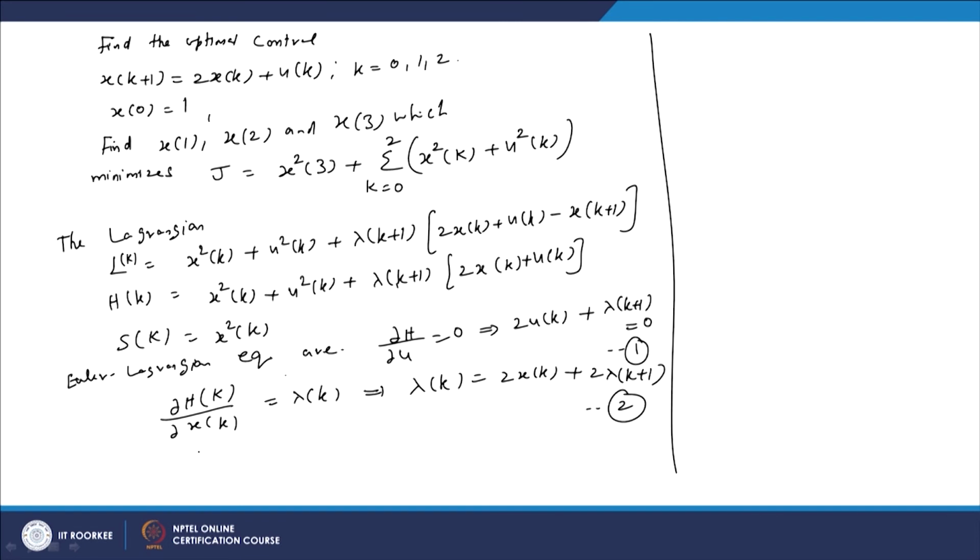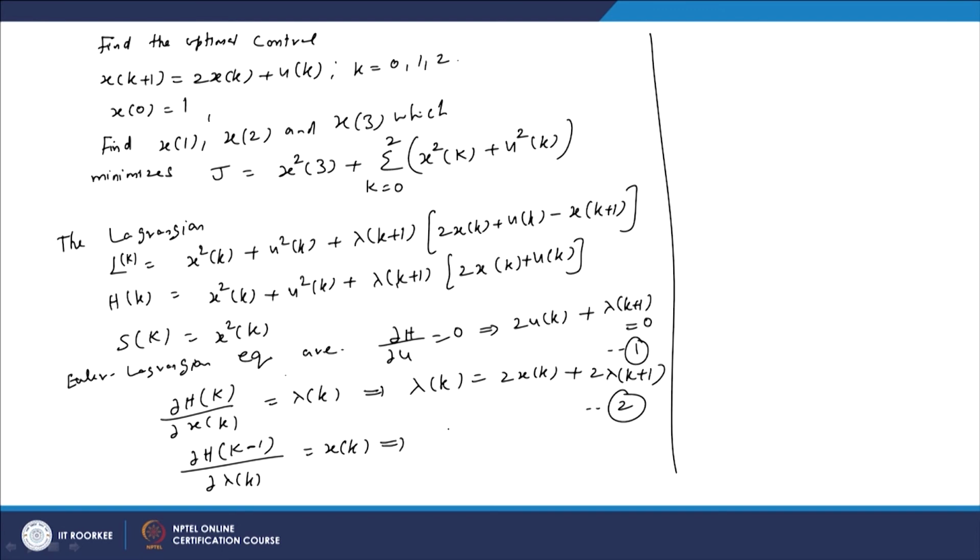We have del h of k minus 1 by del lambda k, that is equal to x of k. So, this is the third equation.